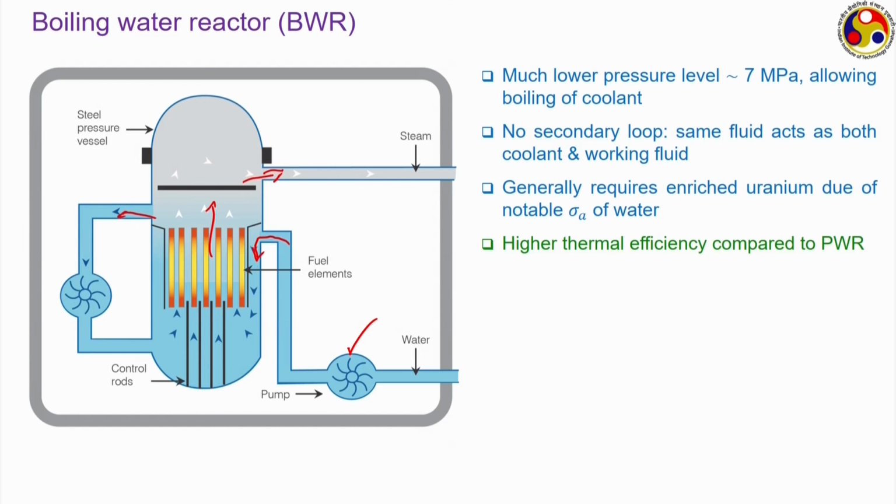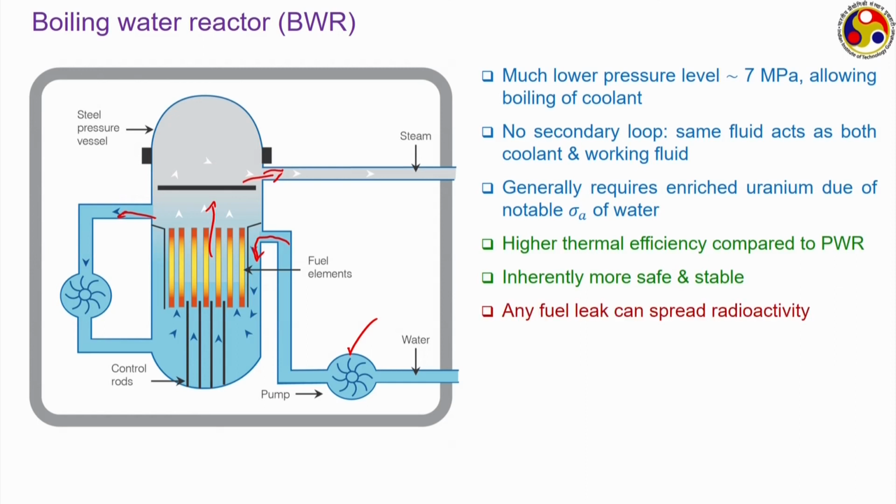It generally gives higher thermal efficiency compared to PWRs. It is also much more safe and stable from a design point of view, as we are operating in a big pressure vessel. The size of the pressure vessel being much larger, any upsurge or downsurge in the total volume flow rate can be taken care of very easily.